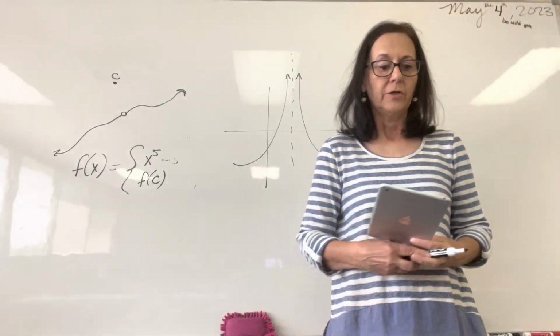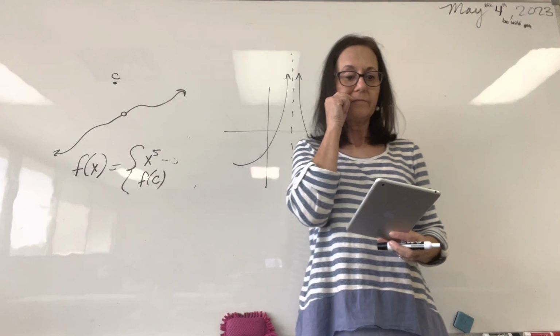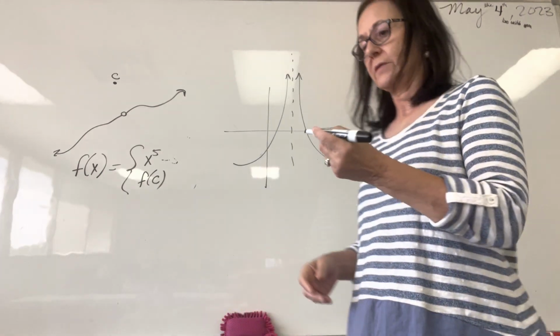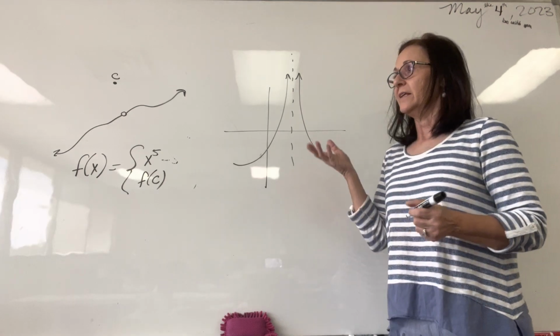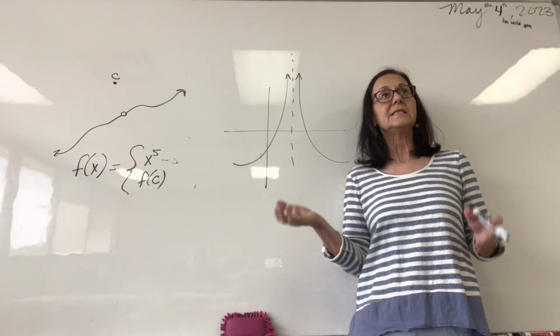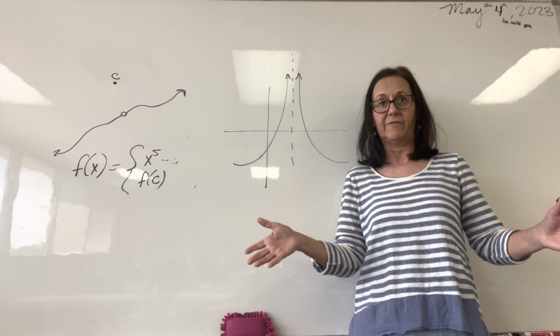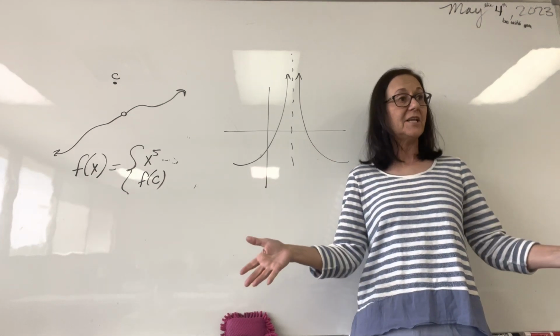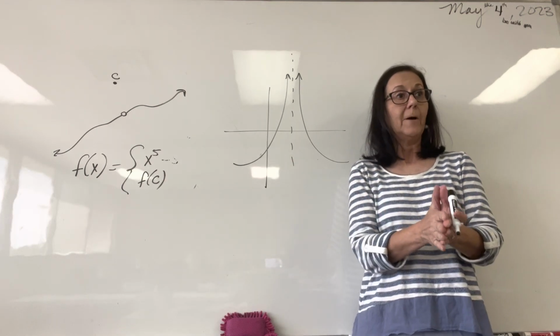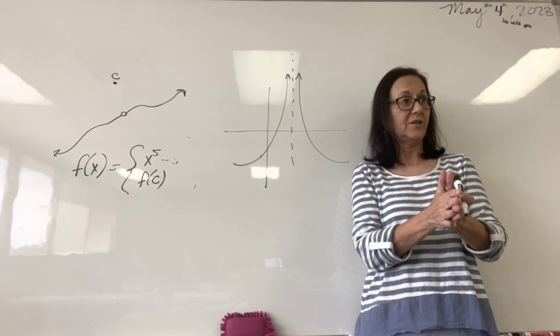Why do we look at continuous versus discontinuous? Because continuity tells us the behavior of the graph. Or if it is discontinuous, we can look at the behavior of the graph around where it's discontinuous.